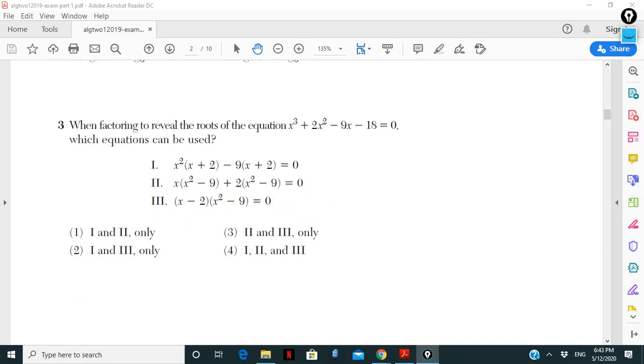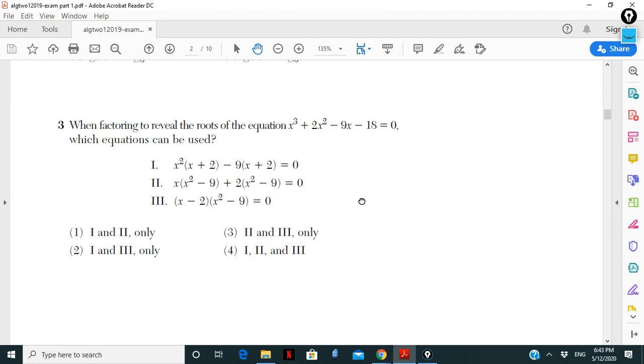When factoring to reveal the roots of the equation x cubed plus 2x squared minus 9x minus 18 equals 0, the first step: he made a grouping with x squared as a common factor, so he has x squared times (x plus 2), and then minus 9 times (x plus 2). That's one of the steps.